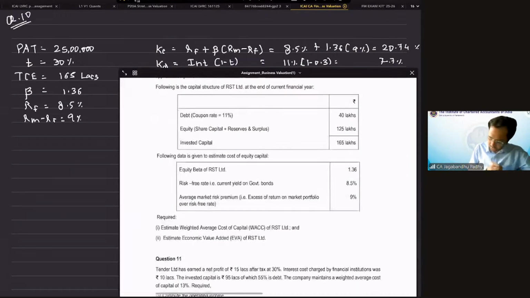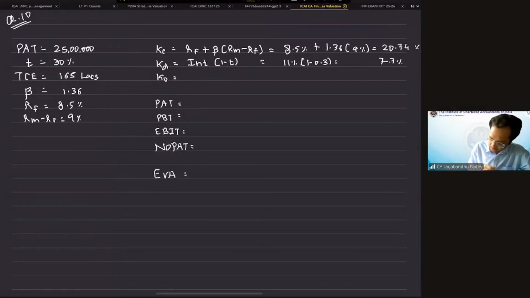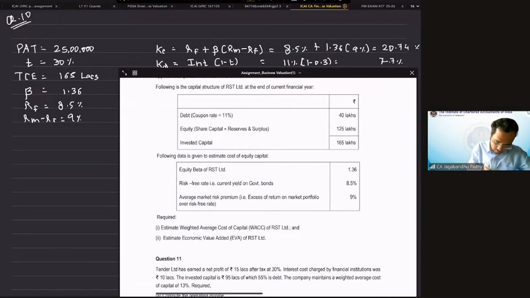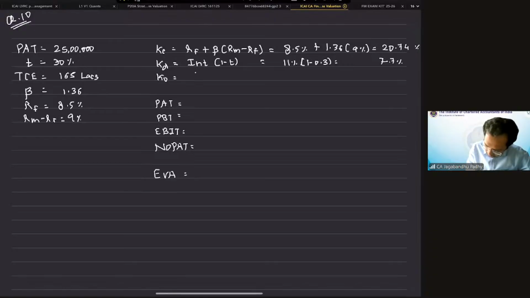Then the weighted average cost of capital. For that we have the amount of debt and the amount of equity. The weightage of debt is 40 out of 165, into 7.7%, plus 125 out of 165 into 20.74.